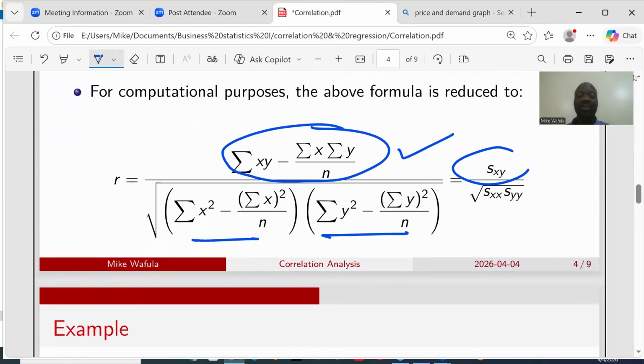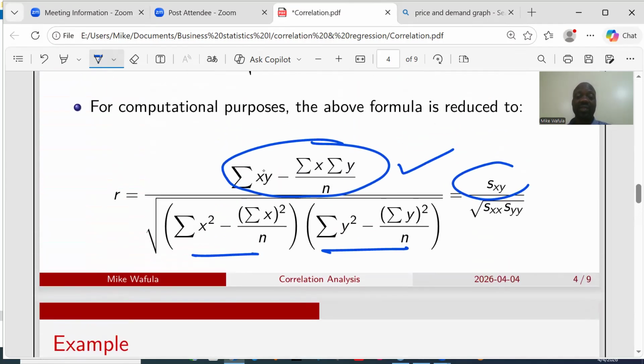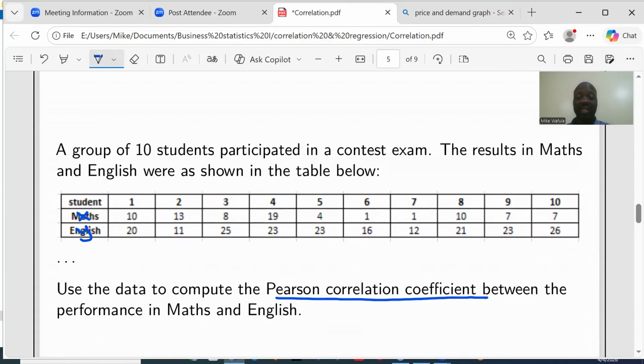Now, the formula requires the product of X and Y, the summation of X, the summation of Y, the summation of X squared, and the summation of Y squared. This gives you a hint of the columns you need to create.